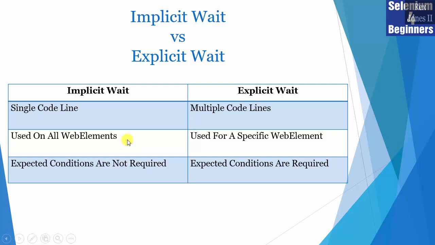That one code line for implicit wait impacts all web elements in that test script. However, explicit wait sets a wait time that is used on one web element. Expected conditions are not required for implicit wait, but expected conditions are required for explicit wait.